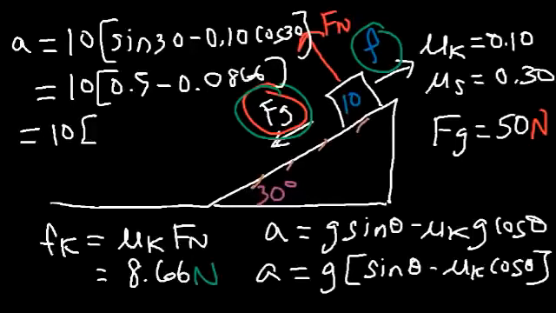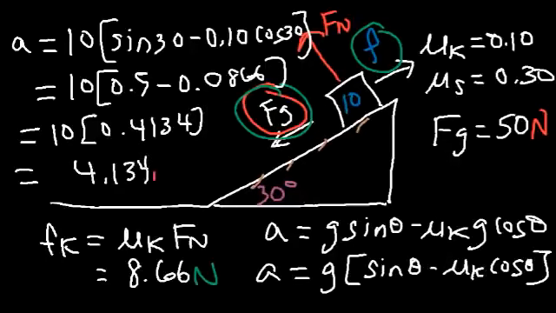So 0.5 minus 0.0866, you should get 0.4134, and therefore the acceleration is going to be 4.134 if you multiply it by 10. The acceleration down the incline should never exceed the gravitational acceleration, which is 9.8, or if you round it to 10. So if g is 10, you should never have an answer greater than 10.